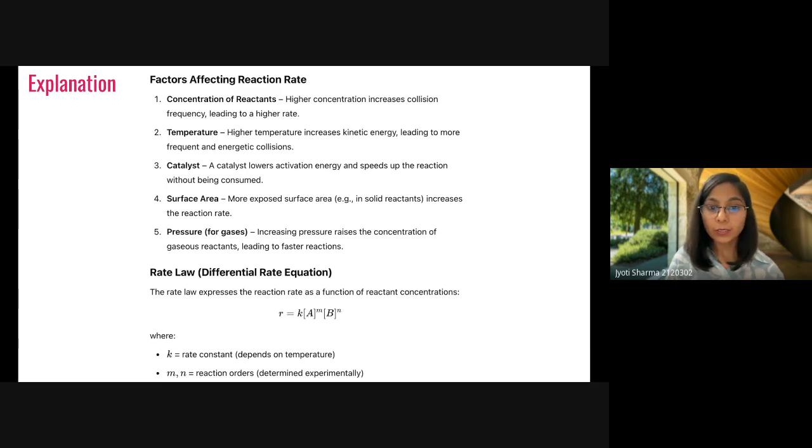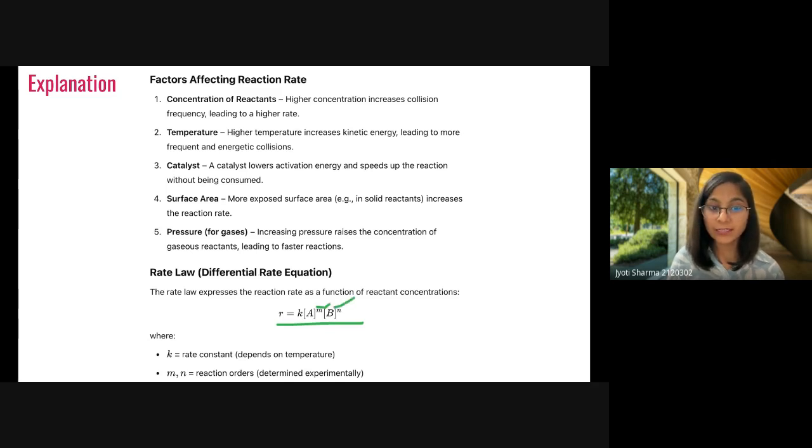Okay, so basically in the MCQ question, you had that equation, R is equal to k, where k is the rate constant, and then the concentrations of your reactants, A and B, raised to the power m and n. This m and n is the order.